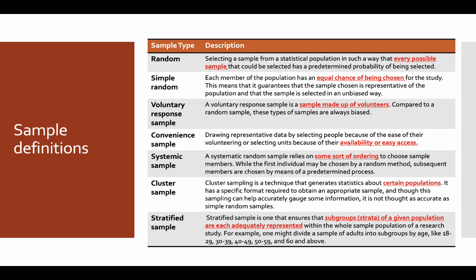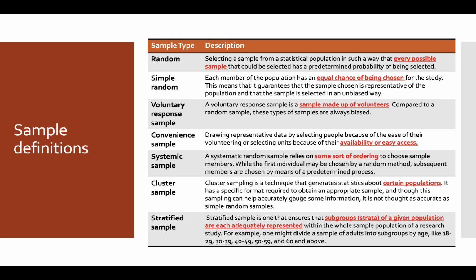It has a specific format required to obtain an appropriate sample. It's not thought of as accurate because it's not as random a sample. So it's taking your whole population and then sampling from a particular cluster of people.